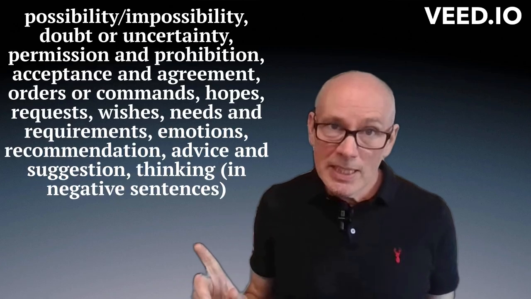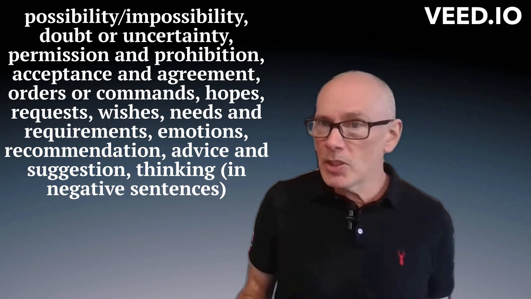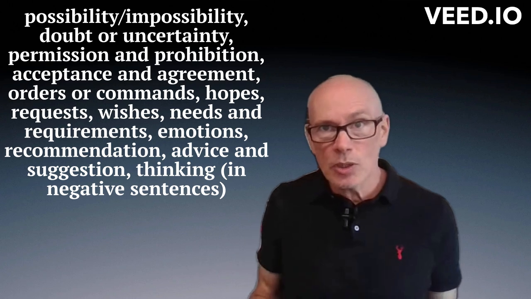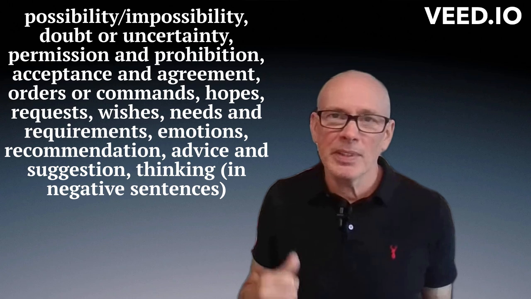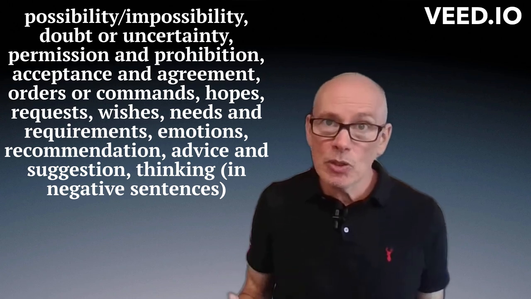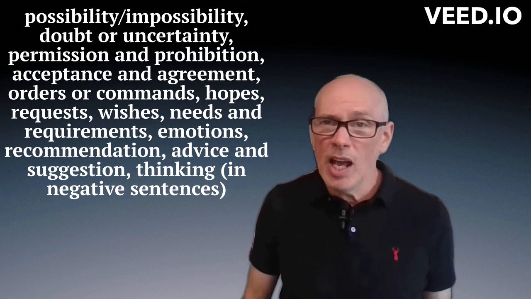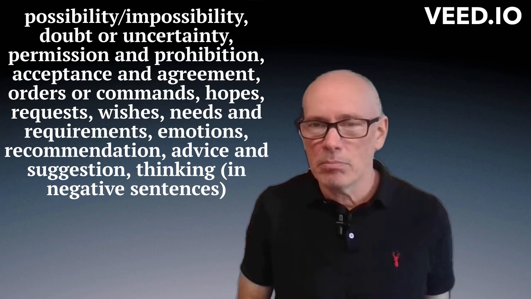Other types of verbs that require the subjunctive in subordinate clauses are, for example, verbs of possibility, impossibility, doubt or uncertainty, permission, prohibition, acceptance, agreement, orders or commands, hopes, requests, wishes, needs and requirements, emotions, recommendations, advice and suggestions, and even verbs of thinking when they are in the negative.